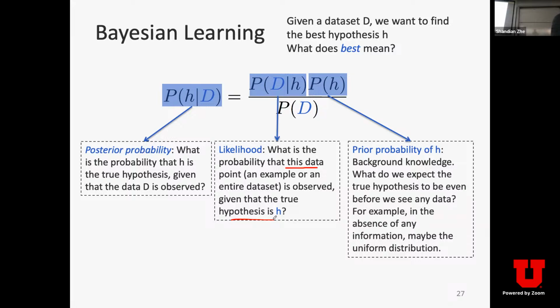And you can imagine for different hypotheses, this likelihood could vary. Some hypothesis which really doesn't explain the data set will have low likelihood, and some hypothesis which closely or well explains the data will have high likelihood, right?